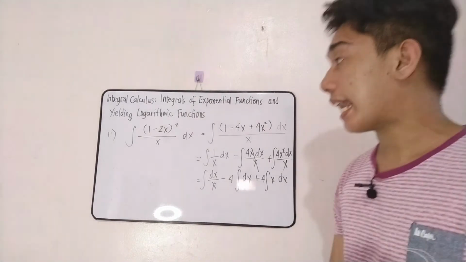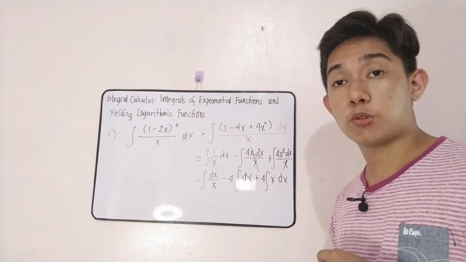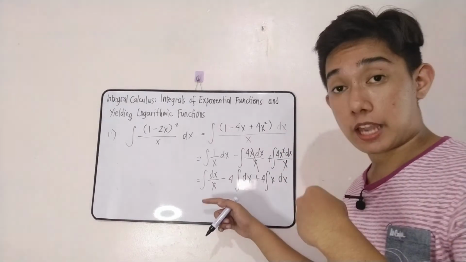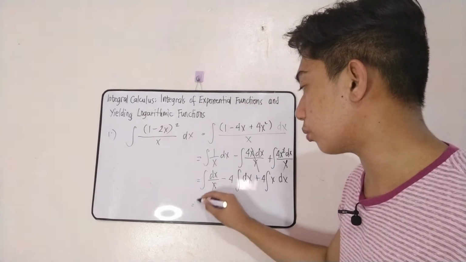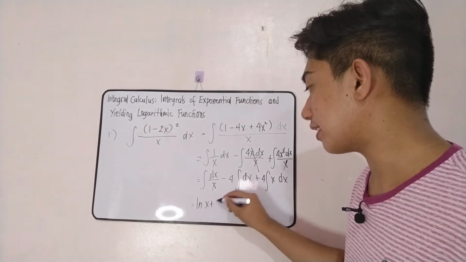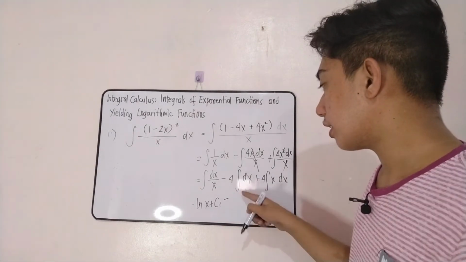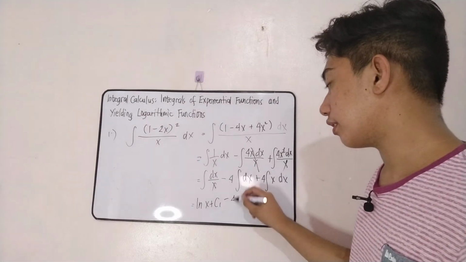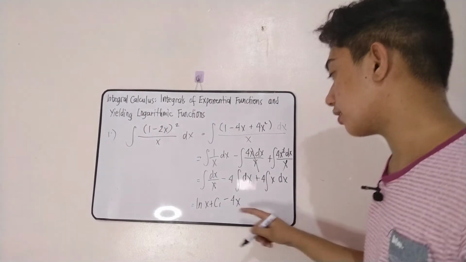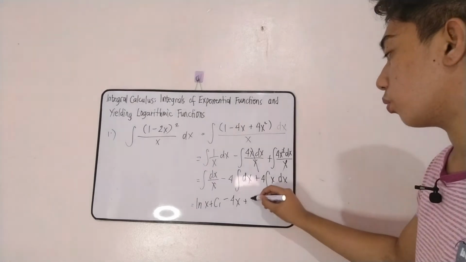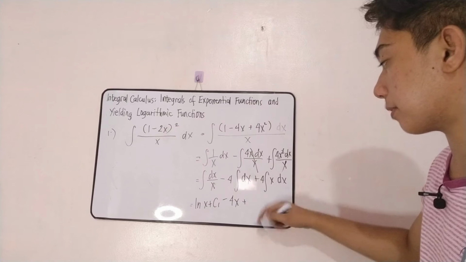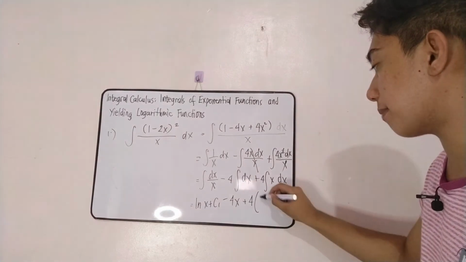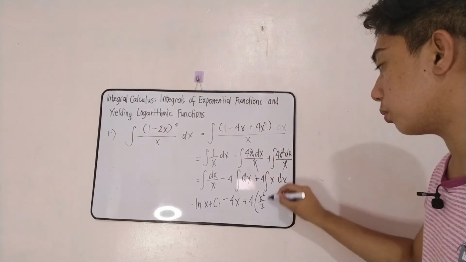So, now we can use the rules that we discussed earlier. dx over x is just equal to ln of x plus c sub 1, minus, for this one, the integral is 4x. And the integral of this one is 2x squared. Or, let us shortcut this one first so you can understand better. This becomes 4 times x squared over 2.